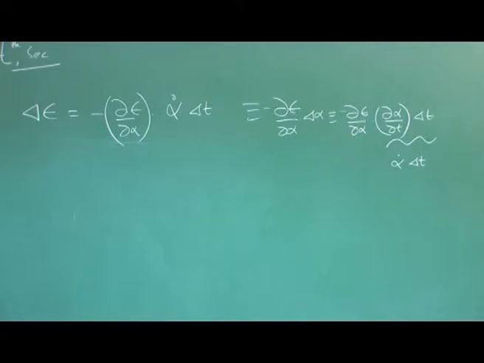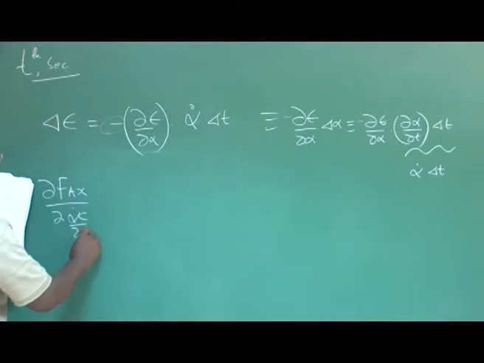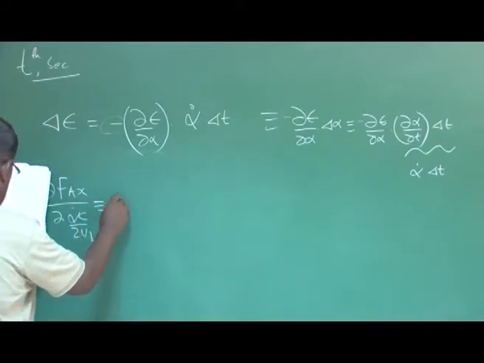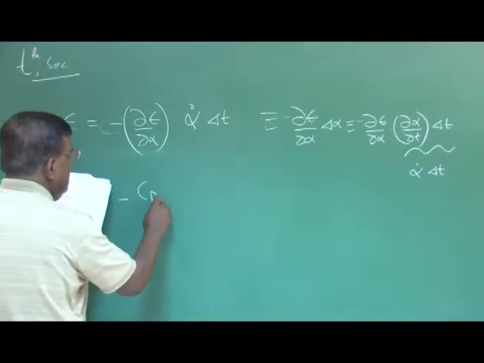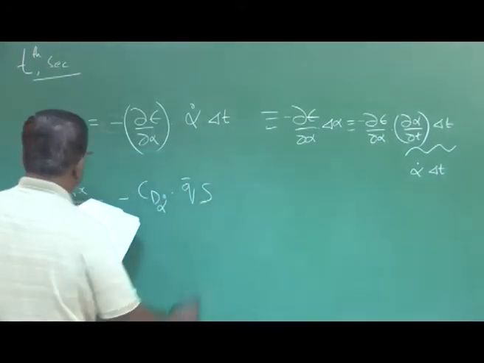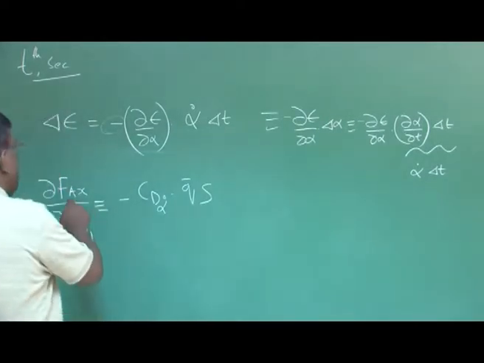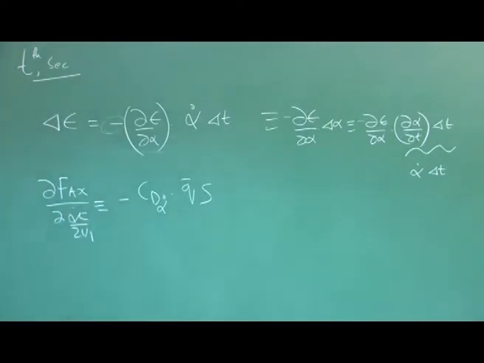If I try to find out dFax by d alpha dot c by 2U1, this will be nothing but minus CD alpha dot into q bar into S. I hope you understand this, because we are writing Fax. Go back to our earlier lecture.